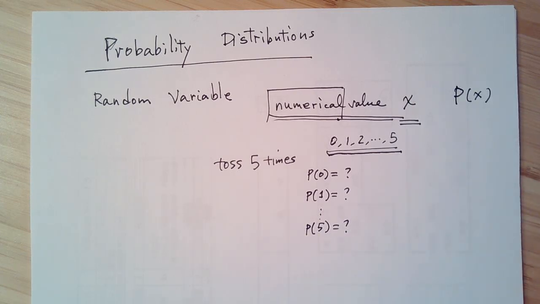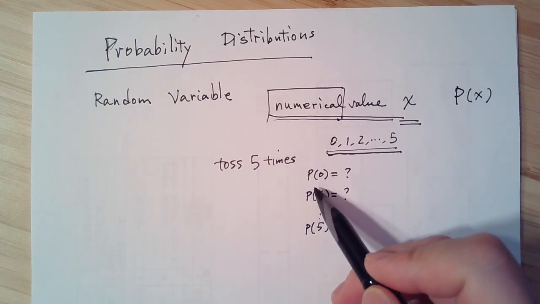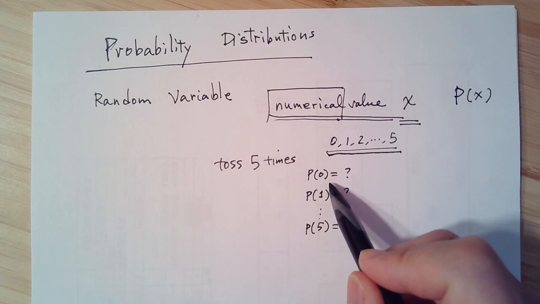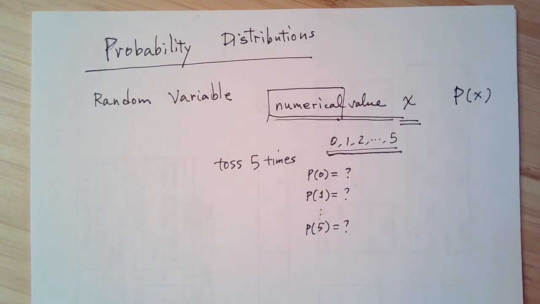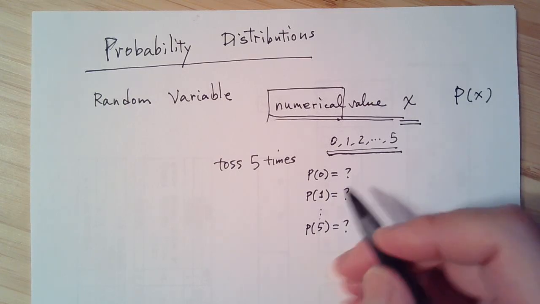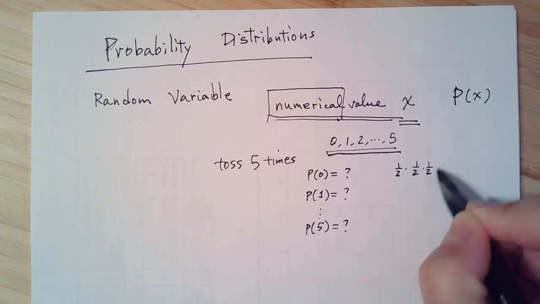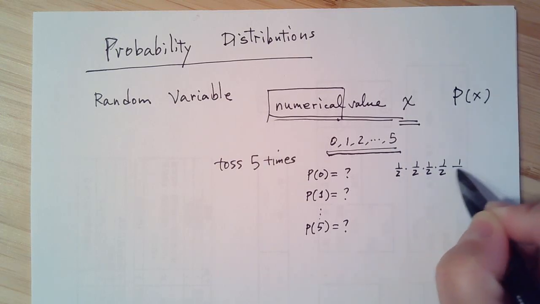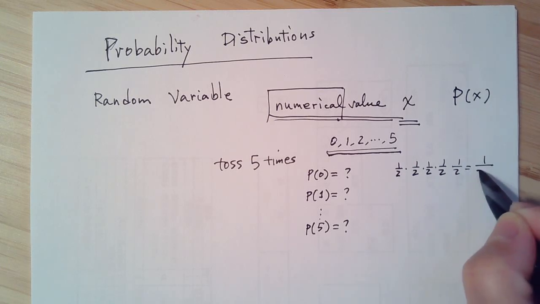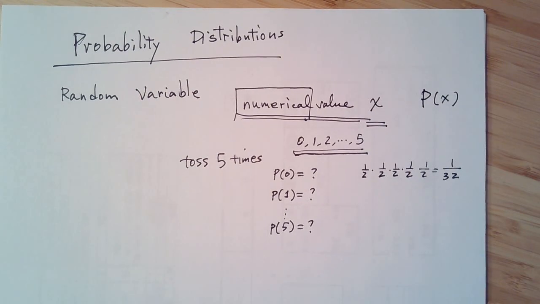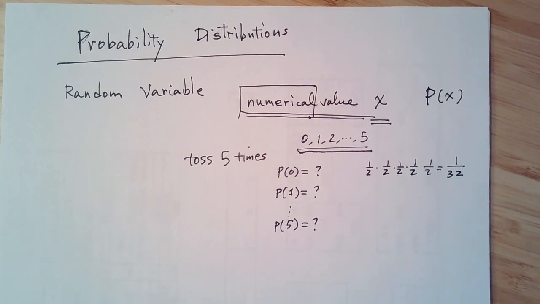We learned how to calculate the probabilities, right? For a fair coin, head and tail both have 1/2 chance to occur. So what is the probability of 0, which means no heads? All 5 are tails: 1/2 times 1/2 times 1/2 times 1/2 times 1/2, which is 1/32, right? So that is the random variable and its probability.